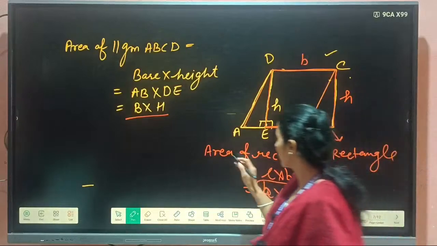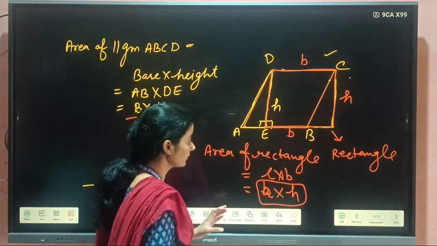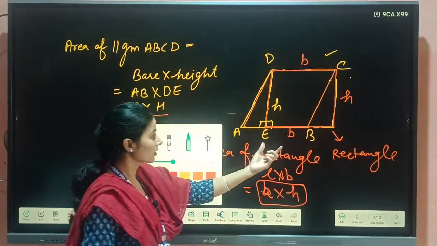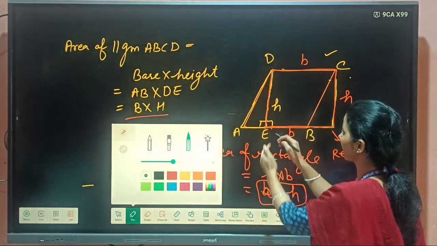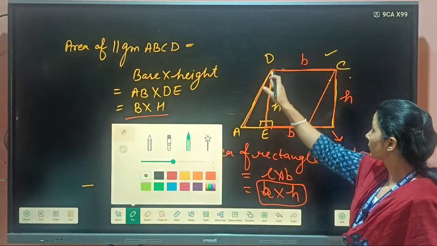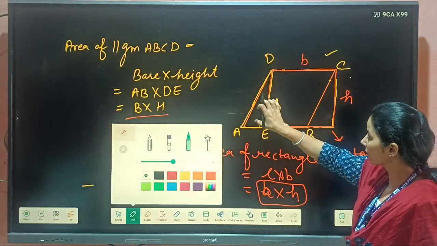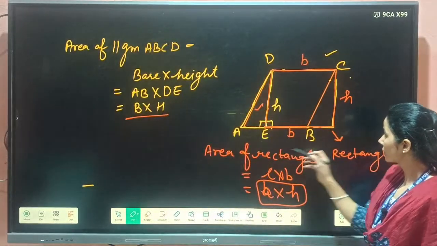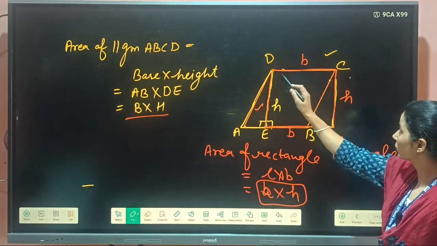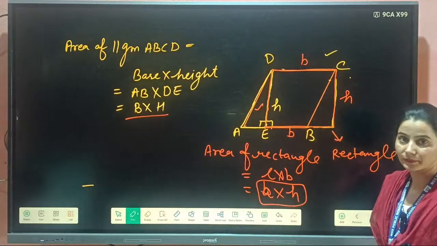So in this way, the area of the parallelogram ultimately leads to a rectangle. We can convert this parallelogram by trimming this triangle along DE and adjusting it in this way. Then you will get one rectangle.